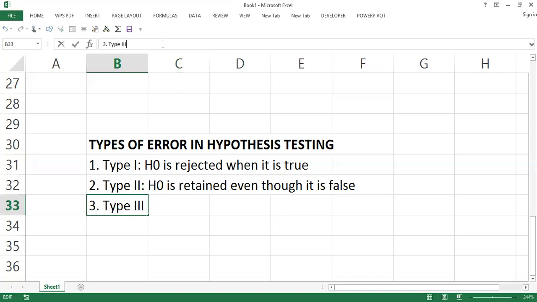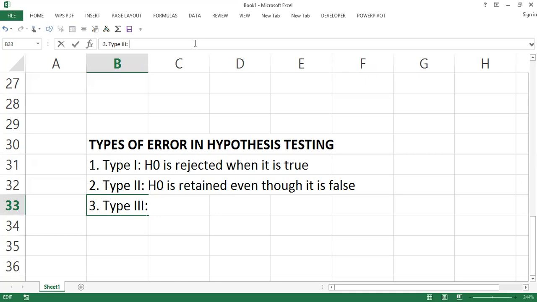Okay, type 3 error. That one is a more technical. Type 1 and type 2 are the real common errors. Well, type 3 is also common, but these are the major errors. Type 3 error has to do with the direction of the test.